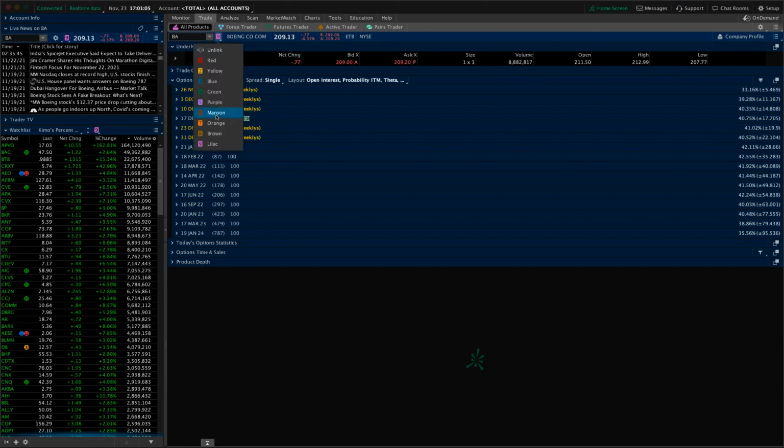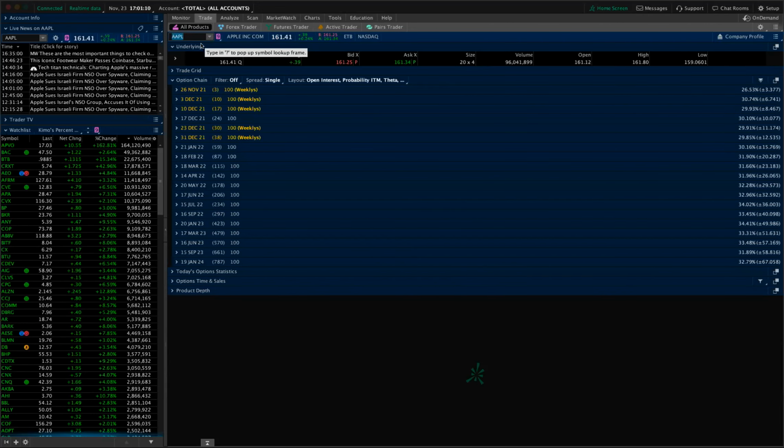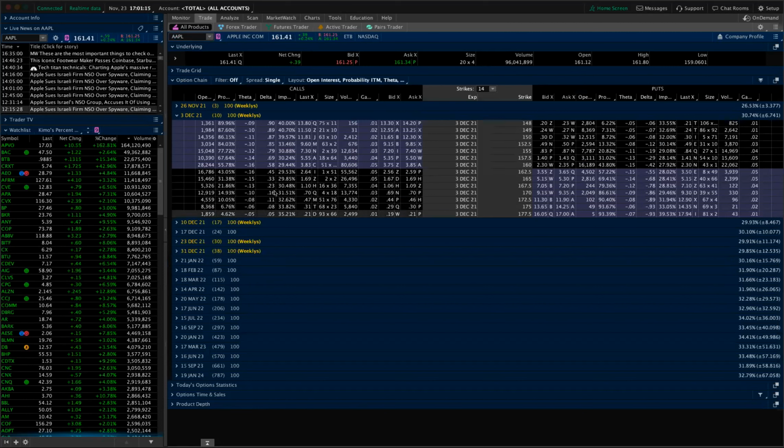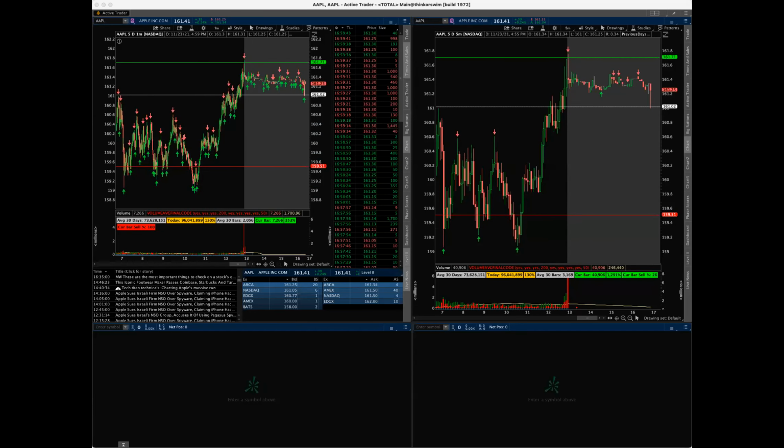So if I type in, well, you saw my other screen, if I type in Apple, my news for Apple changes, my option chain for Apple changes, and obviously you can't see it now, but all my charts change to Apple too, the ones that I set to the same link. So it's both on Apple right now.